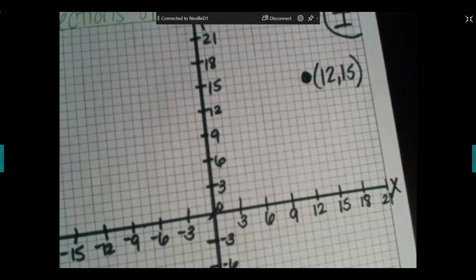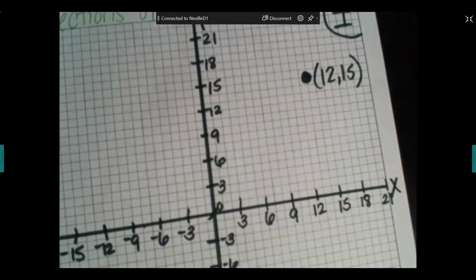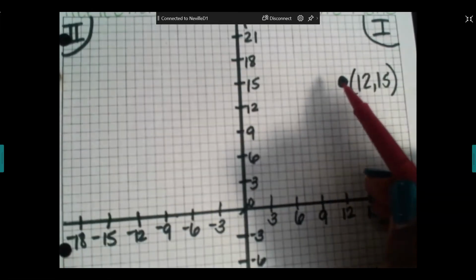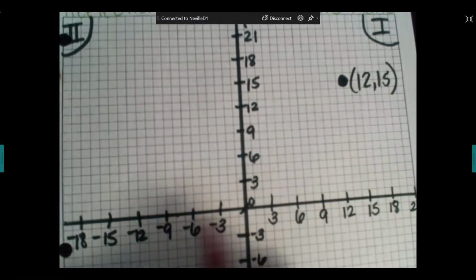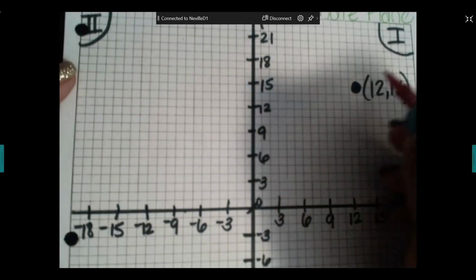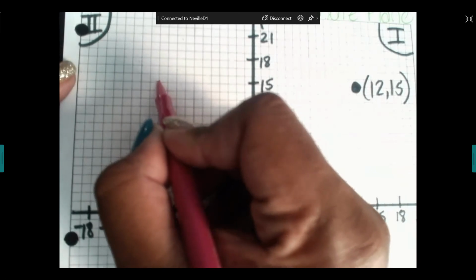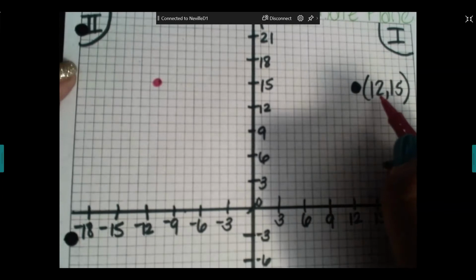When we flip over this y-axis, I'm going to stay at 15. That's the axis I'm flipping over. And I'm going to move 12 to the opposite side of my number line. So, stay up here at 15, and I'm going to find negative 12. Because after all, negative 12 is the opposite of positive 12.